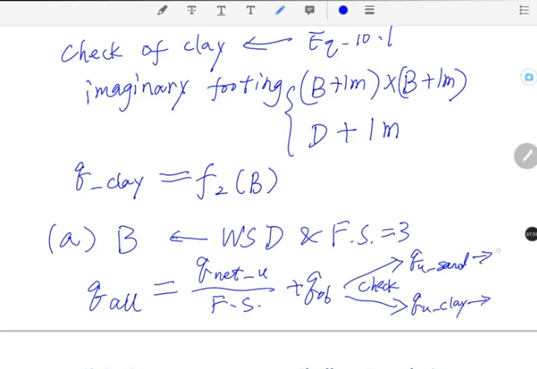Then you can solve for B for sand check and B for clay check. After that, you can select the bigger between these two values for your work stress design.